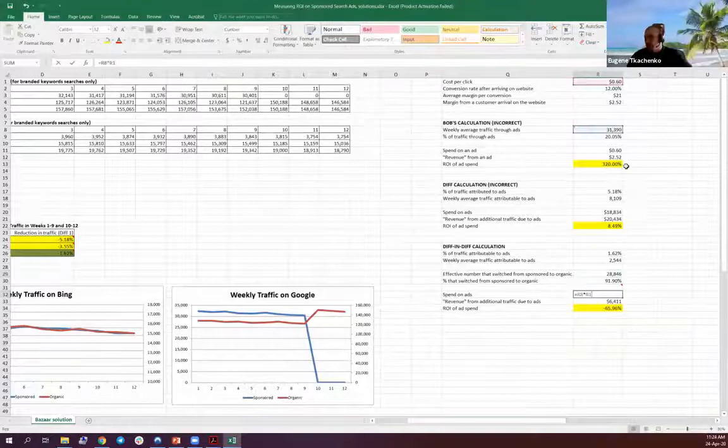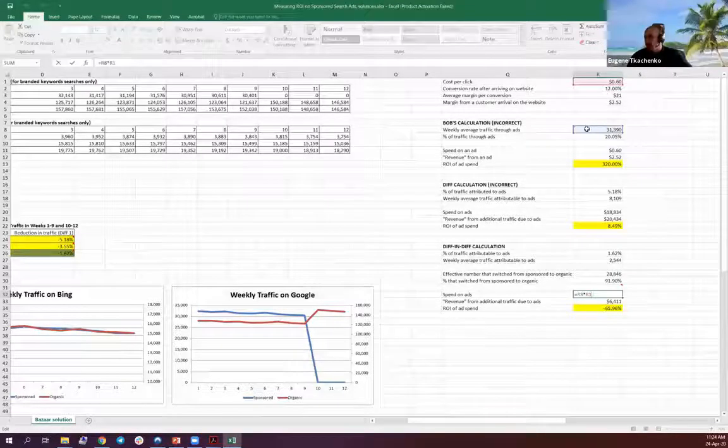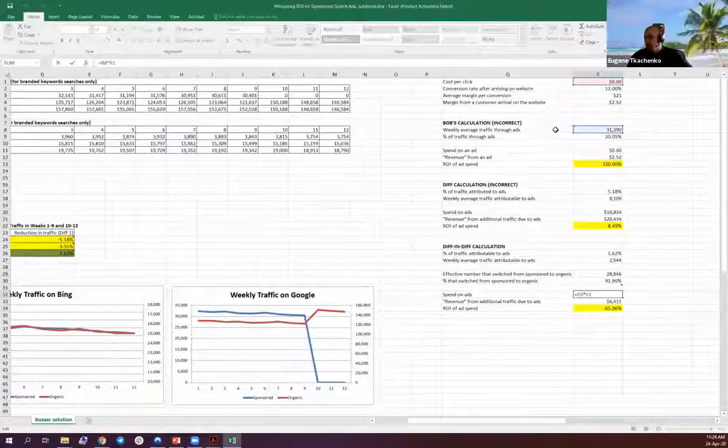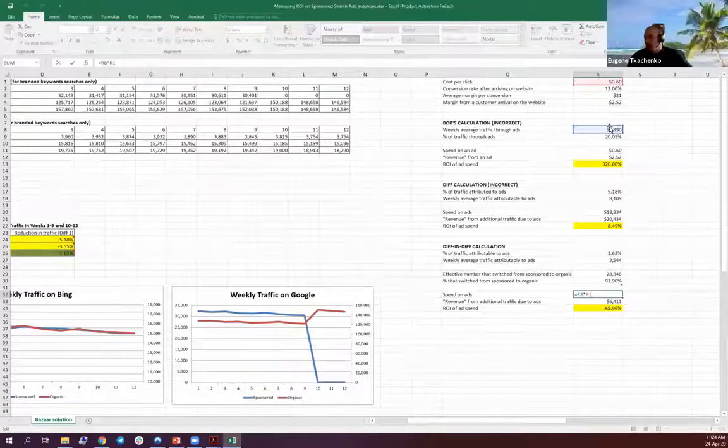So the actual spend on the ads would be identified based on the total weekly average traffic through ads, and Bob identified it correctly.